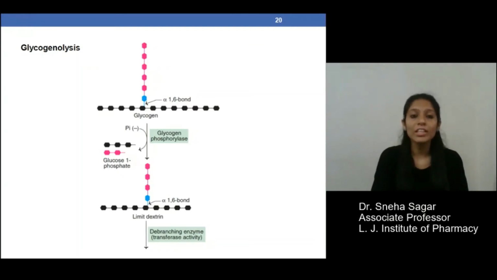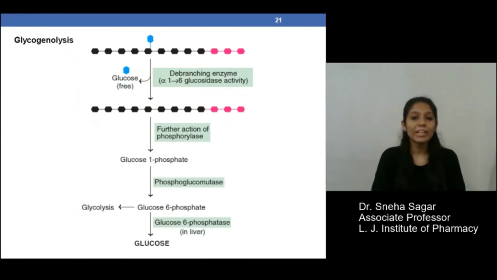So after the formation of limit dextrin, the next step is debranching, which is done by the transferase activity. So we can get the straight chain glycogen product. Afterwards, another debranching enzyme, alpha 1,6 glucosidase, can cause the removal of the free glucose and straight chain glycogen formation.